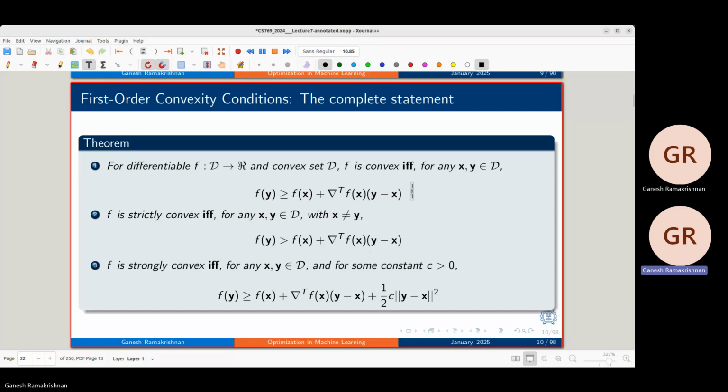So what are we seeing here? This is saying existence of a supporting hyperplane at every point x in terms of the gradient at x. Okay, this is what we're talking about here.